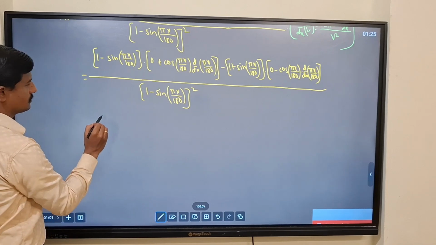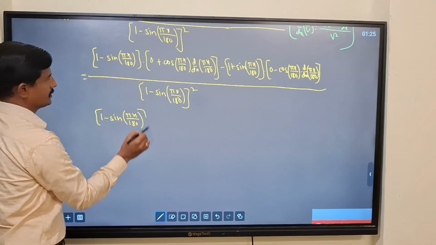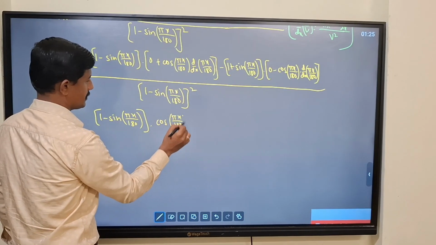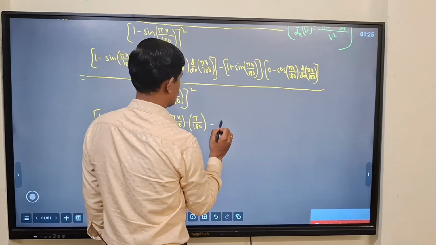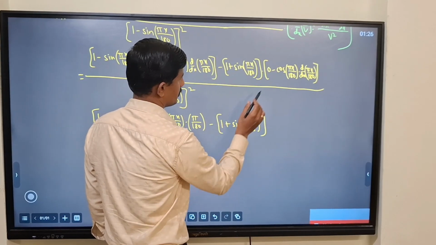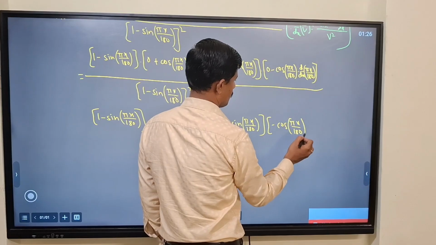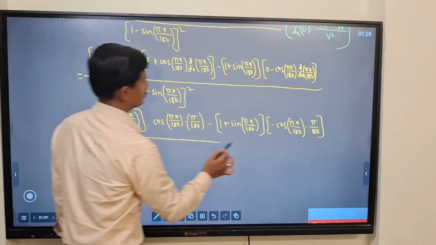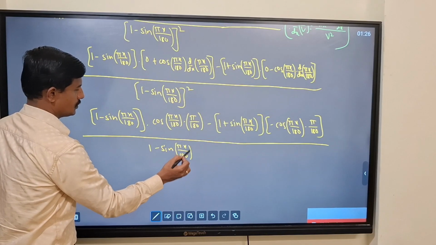Now this becomes 1 minus sine pi x by 180 into cos pi x by 180 into pi by 180, minus 1 plus sine pi x by 180 into minus cos pi x by 180 into pi by 180 upon 1 minus sine pi x by 180 whole square.